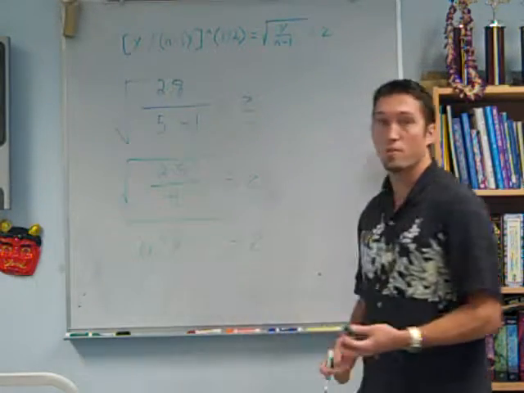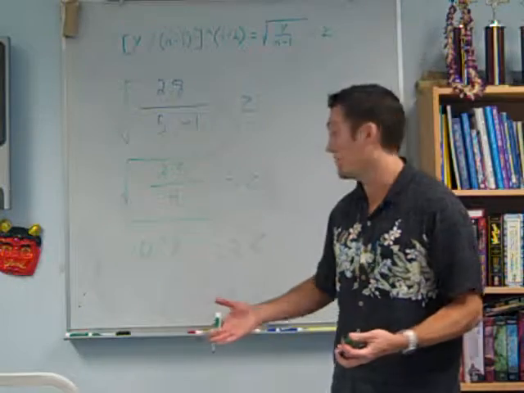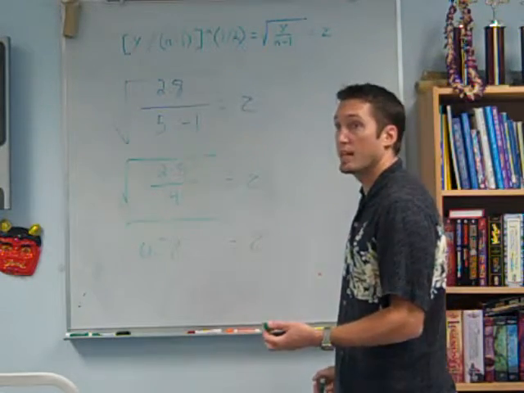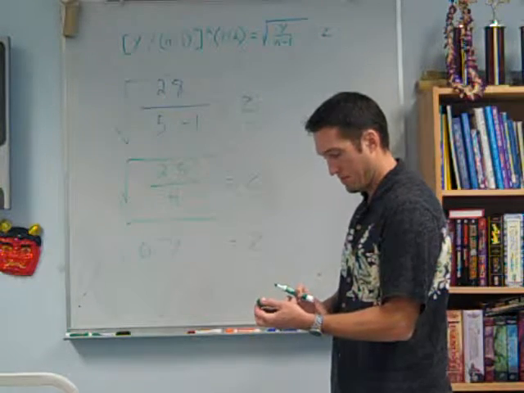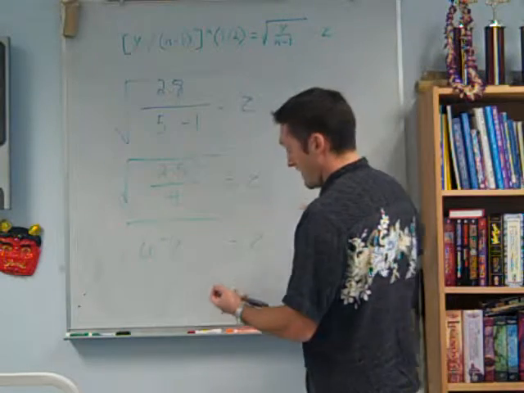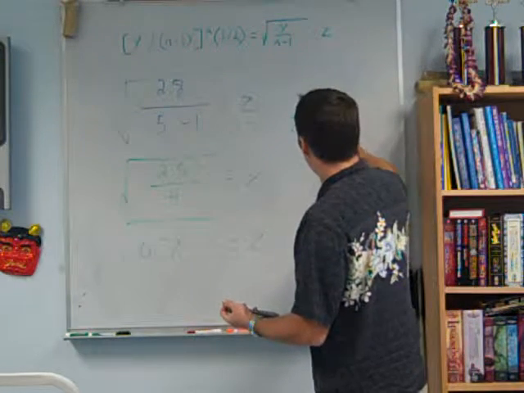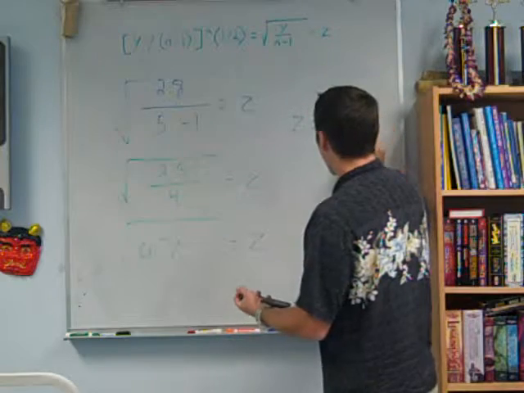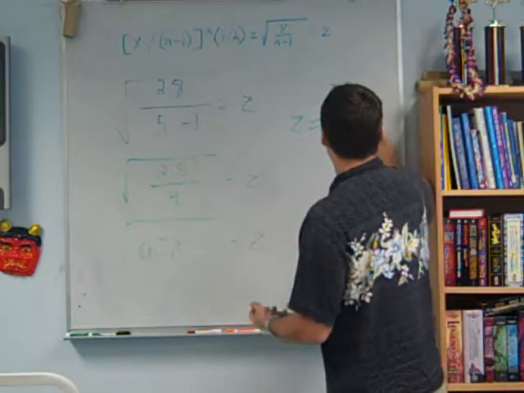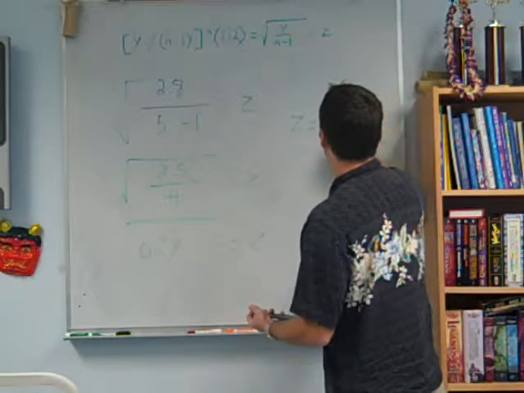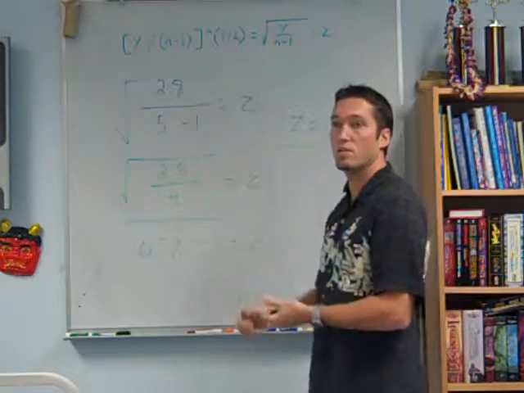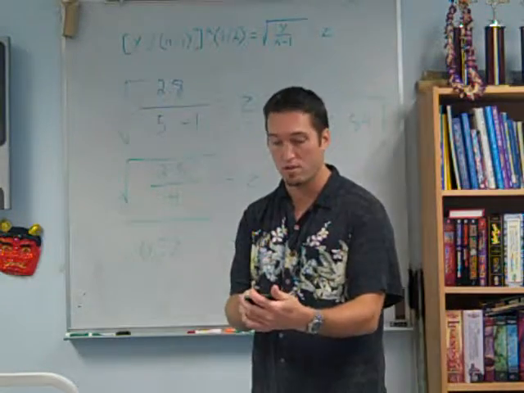So the final answer, when we figure out z, what we have to do is we take the square root of 0.7, and that gives us the final answer. So we hit the square root button, and z equals 0.83. We'll round up, 0.84. And that's our answer.